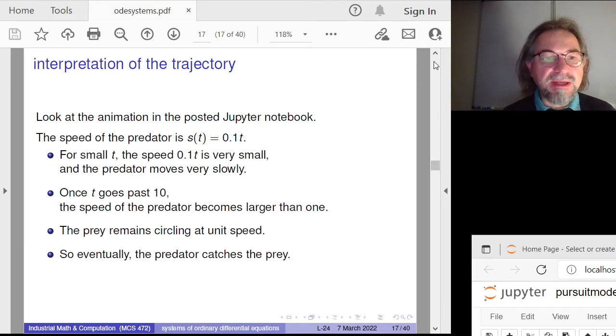In the very beginning, we have the very slow speed of the predator, but when I took acceleration 0.1, once the time goes past 10, and here is the justification for 13 at the end of time, the time really needs to be past 10 for the speed of the predator to go past 1. So after that, eventually the predator catches the prey.